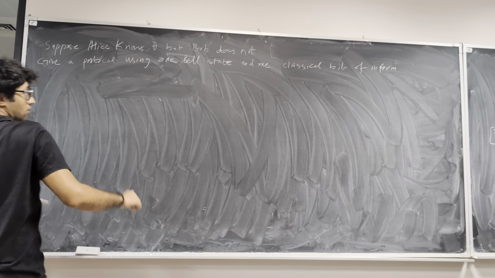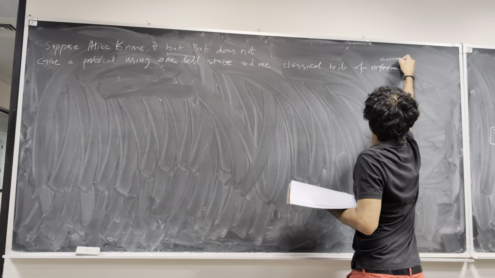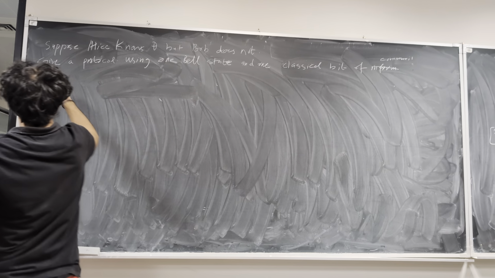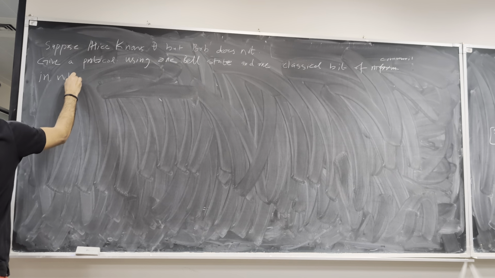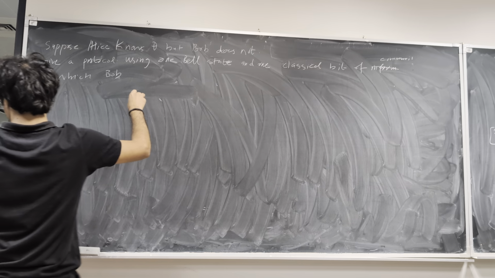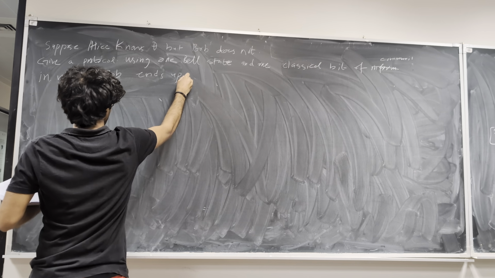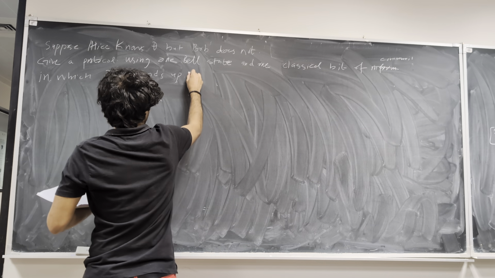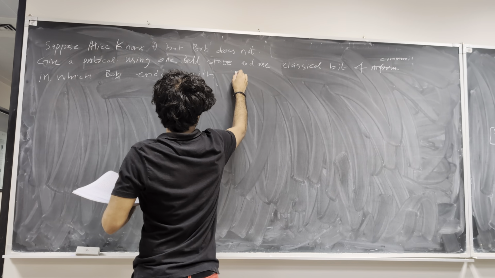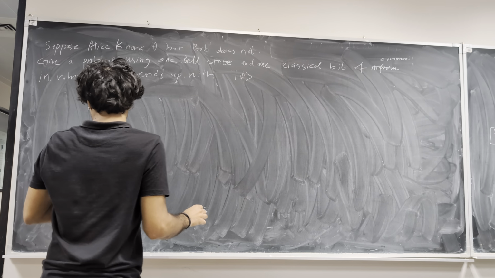Of communication है वहाँ पे, in which Bob ends up with qubit phi. Okay.